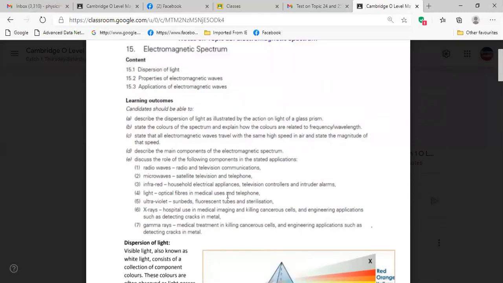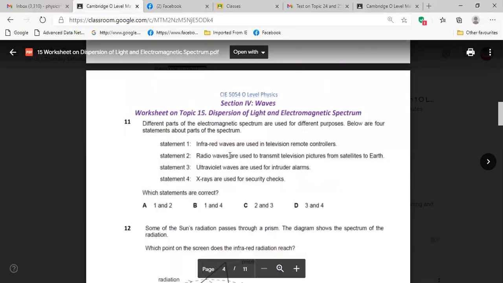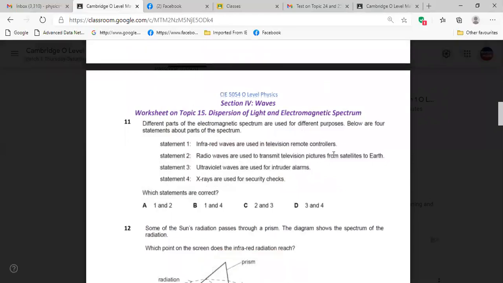So what did you get? Radio waves are used for radio and television communications. Microwaves are used for satellite television and telephone. So what did they give there?